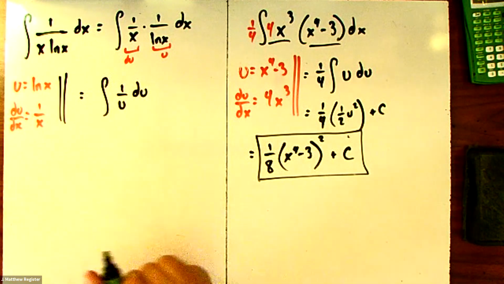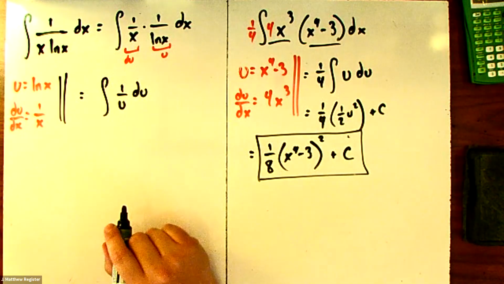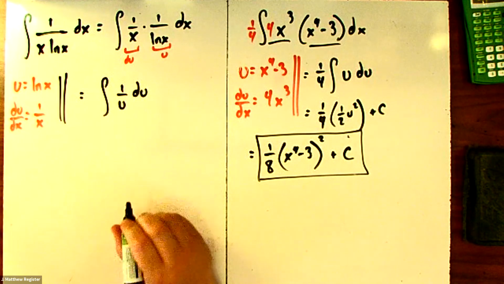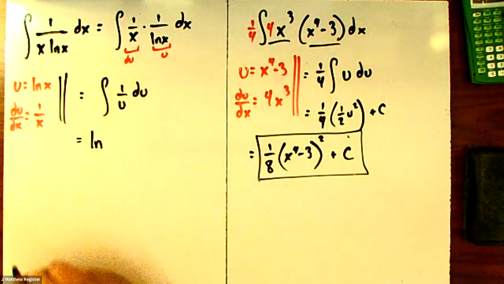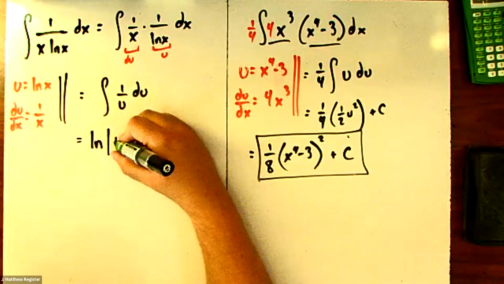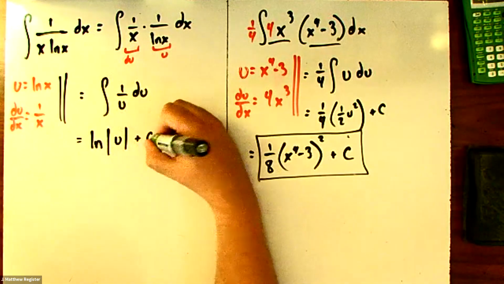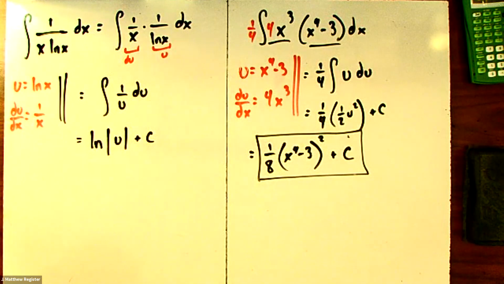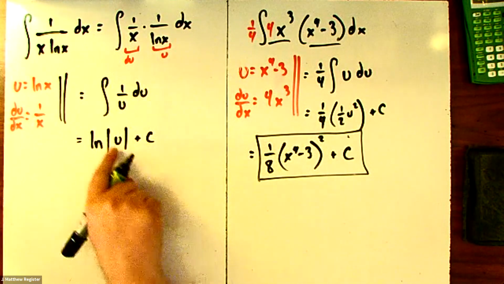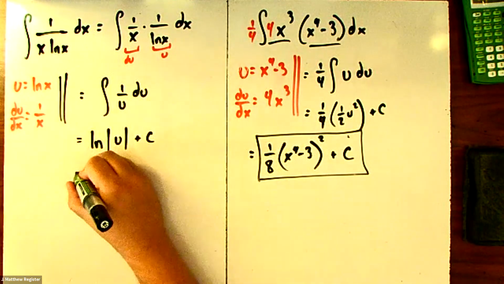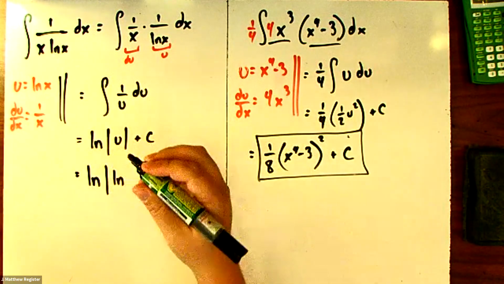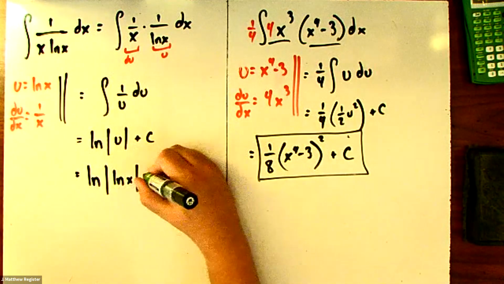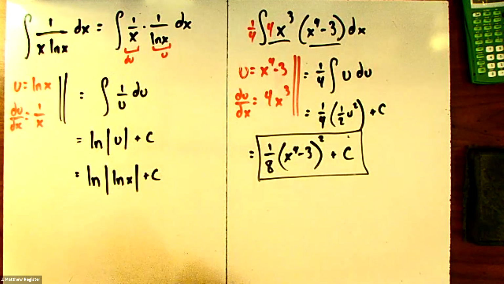And we know what the integral of 1 over u is. It's going to be our natural log. And so we would get the natural log of the absolute value of u plus c. And then our last step is to substitute back in our u. And so we would get the natural log of the absolute value of the natural log of x plus c.